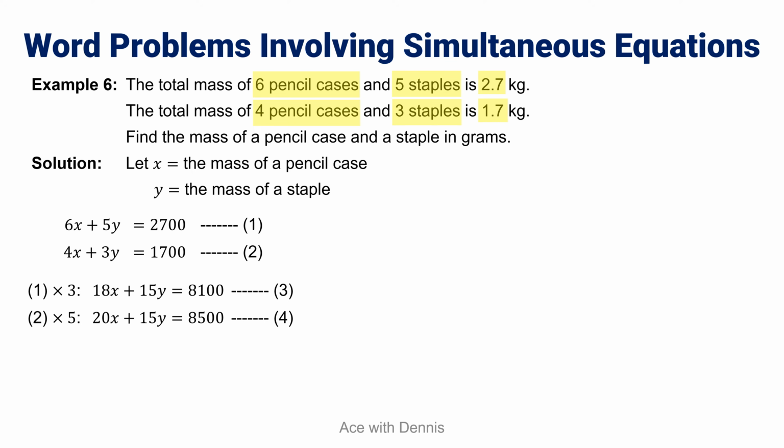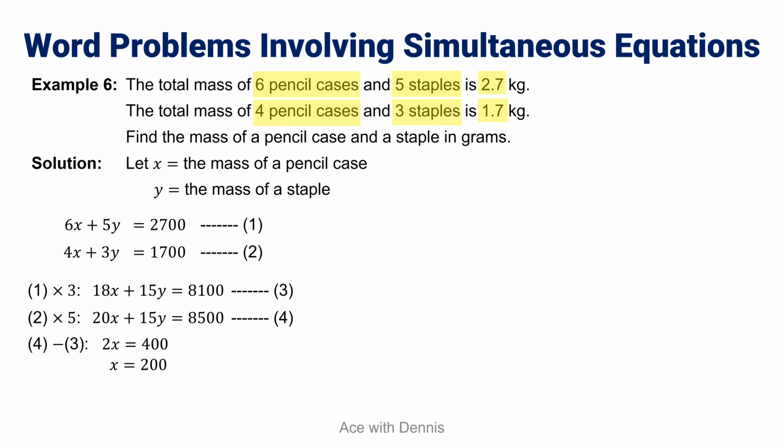I will label this as equation number 4. Why do I want to do this? You compare these two equations. Obviously, I want to eliminate the y. So I will say equation 4 minus equation 3, and I will get 2x equals 400.